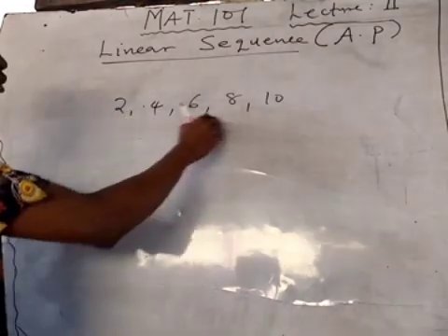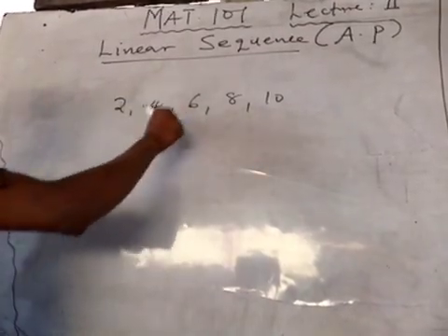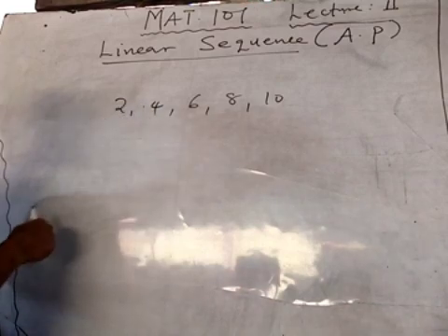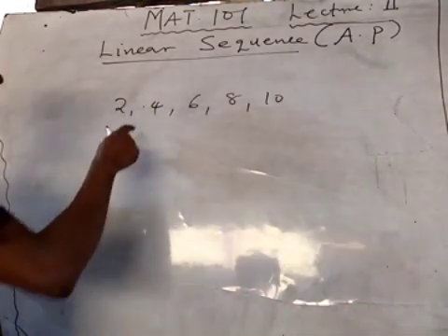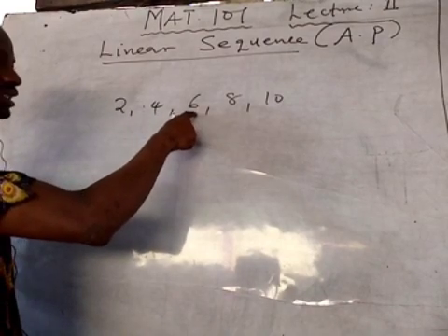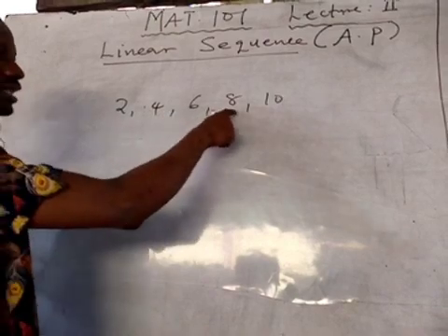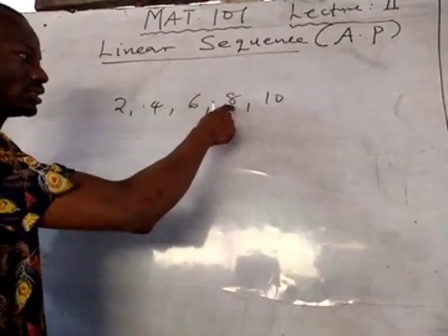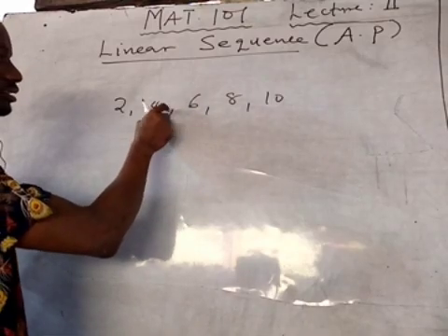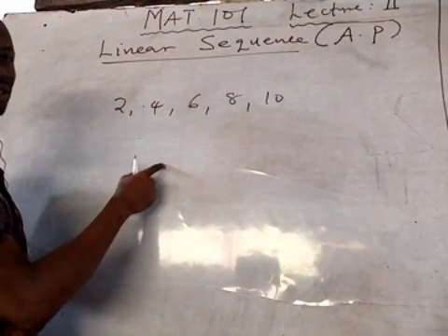In this succession of numbers, there is a common relationship between the successors. For example, 6 is a successor because 6 succeeds 4. In the same vein, 8 is a successor because it succeeds 6. But between these successors, there is a common relationship.